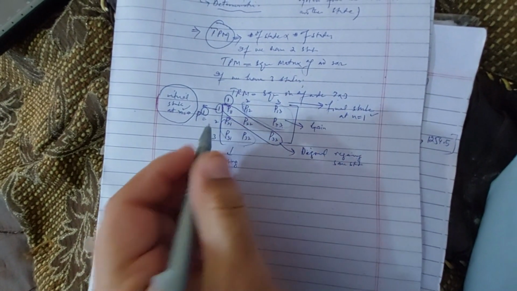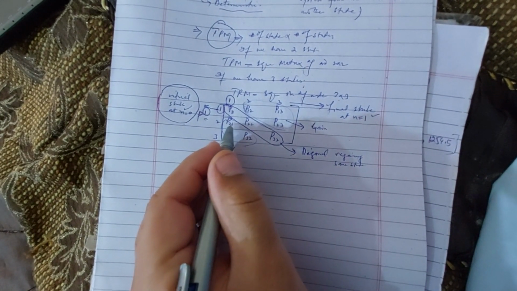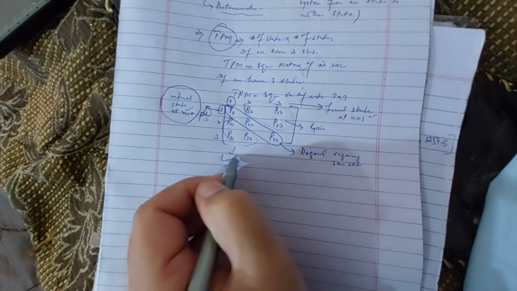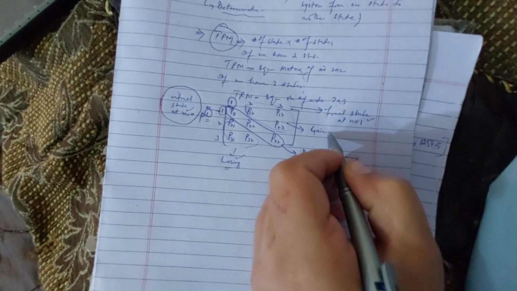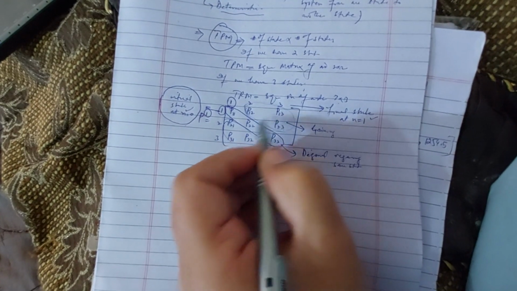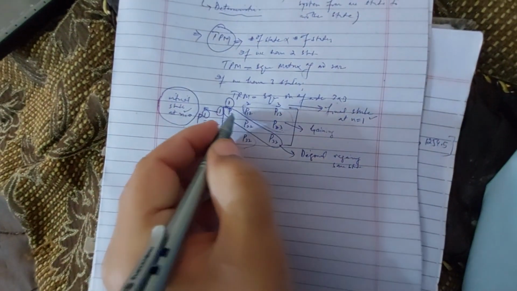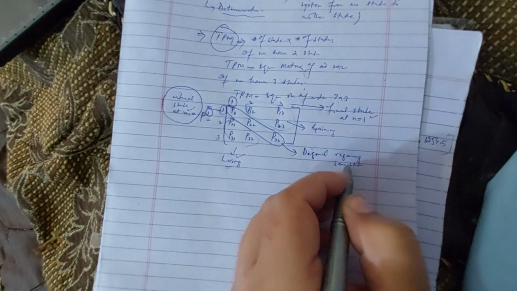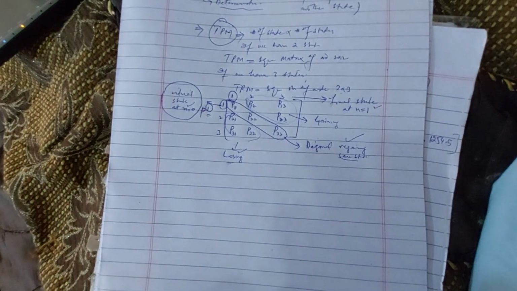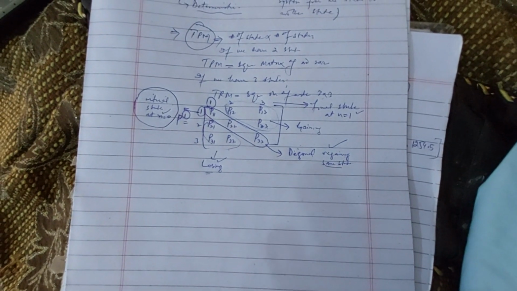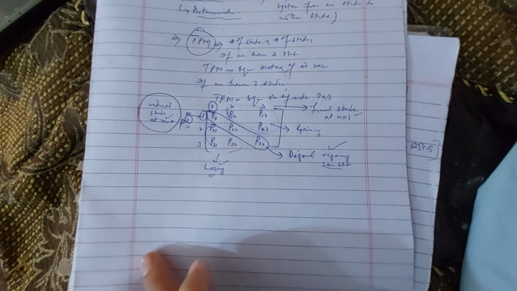The lower triangle is losing because it is going from 2 to 1, so it loses. From 3 to 1, so it loses. From 3 to 2, it is losing the state. The upper triangle is gaining the state: from 1 to 2, 1 to 3, and 2 to 3. And 1 to 1, 2 to 2, and 3 to 3, the diagonals, are regaining. So this is the transition probability matrix.